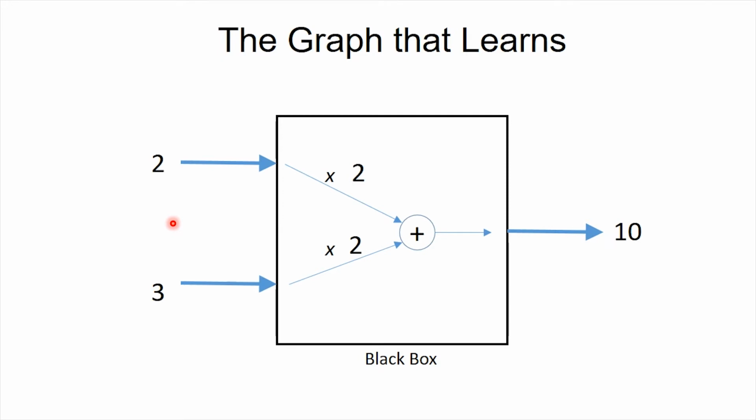Now, notice, of course, that if the inputs and the output change, so will these numbers we're looking for. And of course, in a typical problem of machine learning, we will have thousands and thousands of different inputs and corresponding outputs to be learned. So in that case, the training will consist in finding a pair of numbers that on average will satisfy as best as possible every couple of input and output.